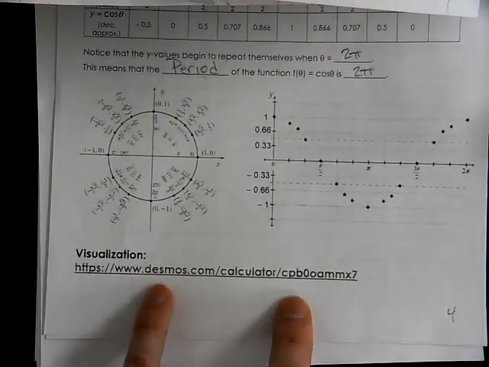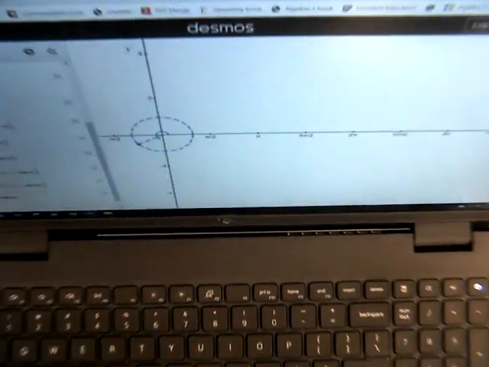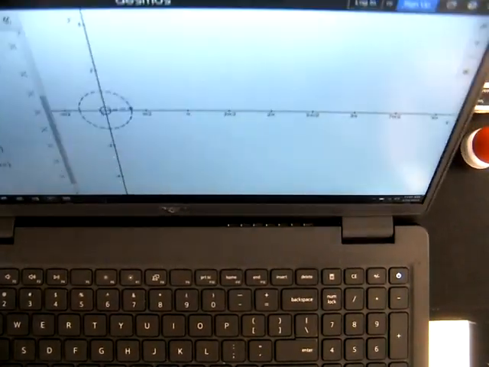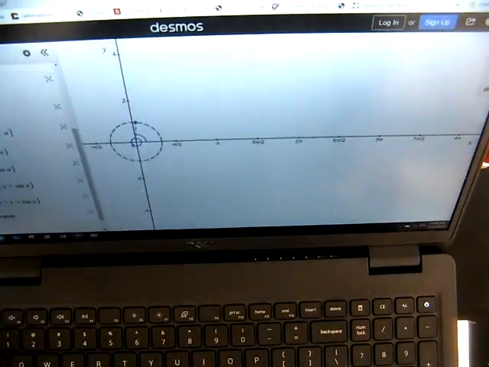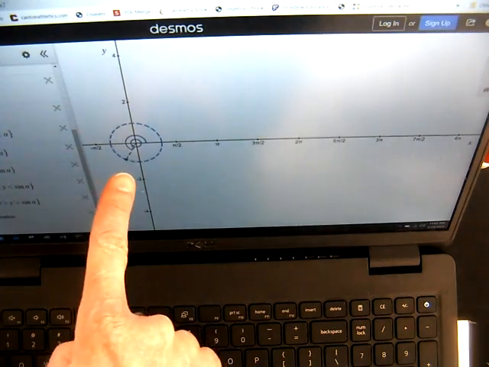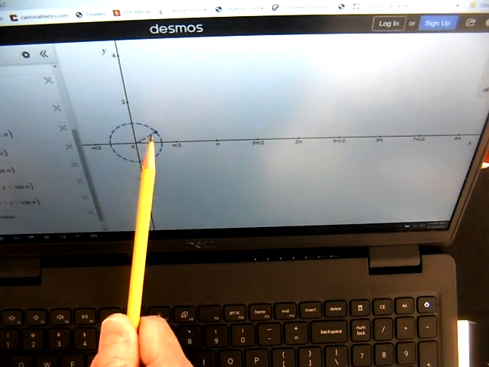Now down here we have a Desmos little activity. See if I can demonstrate that here. Alright, so we're moving around our circle, and notice that the height is changing as the dot goes around the circle.